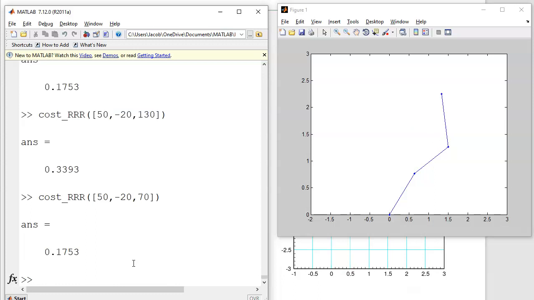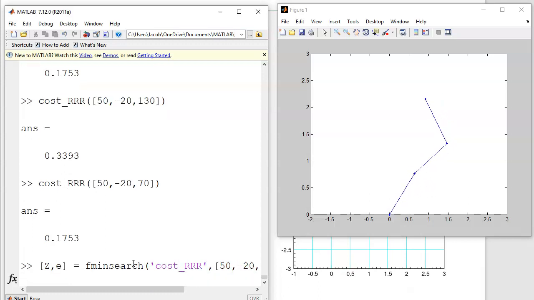So you can guess again, or let MATLAB guess for you. Call fmin search. Here's my cost function. There's my initial guess. I'm going to sit there, it's going to guess again, and eventually says, okay, I think I found it.